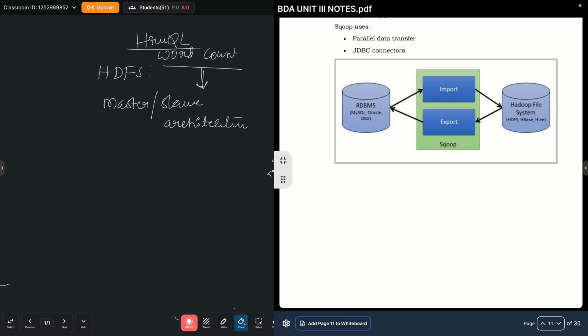So these are the components of the Hadoop ecosystem. What is the Hadoop ecosystem? It's a collection of tools used with big data for storage and processing. That is the Hadoop ecosystem.